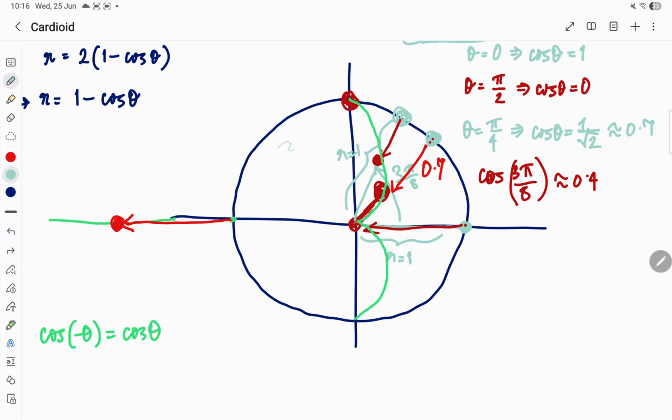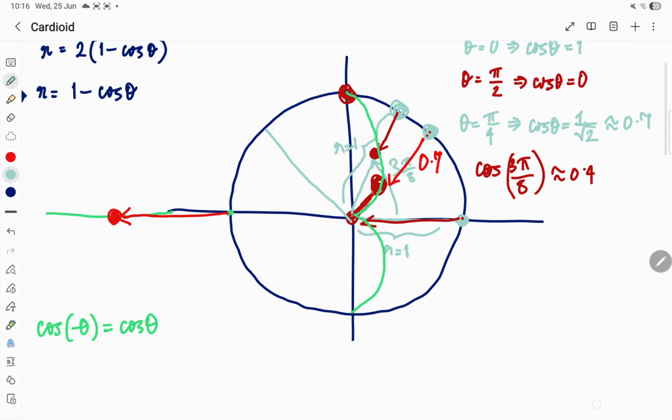Okay. If I take pi by 4 here, this is pi by 2 plus pi by 4. Then here it is getting dragged to this side by 0.7. So this will get increased by 0.7. At 3 pi by 8, it will get increased by 0.4. Right?